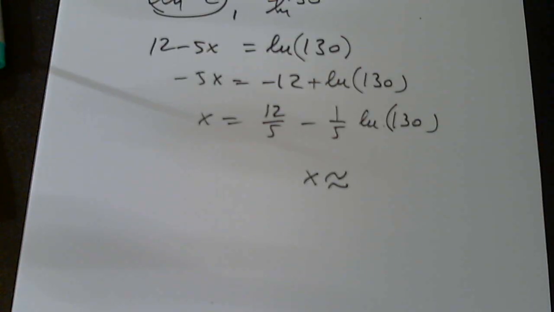So I'm checking now 12 divided by 5 minus, in front I have 1 over 5, which is 0.2, natural log of 130. And close. And enter. So approximately 1.4265.